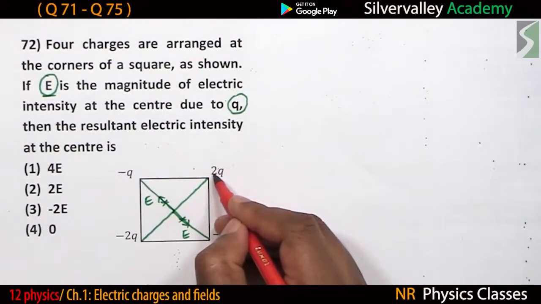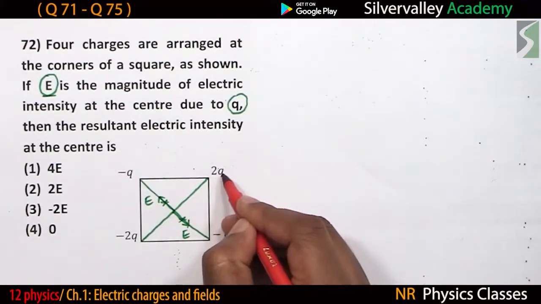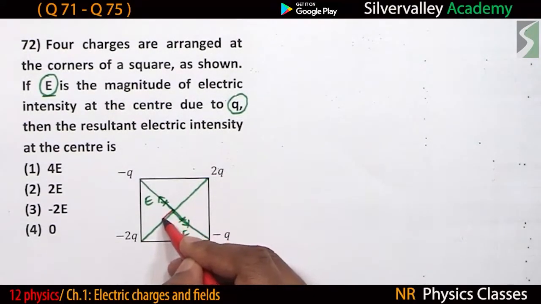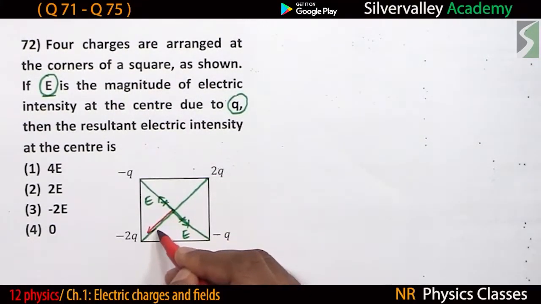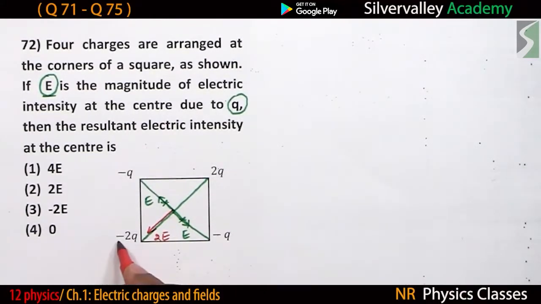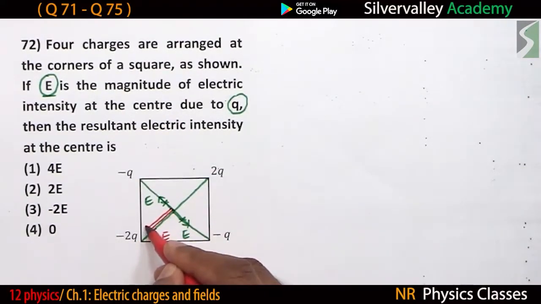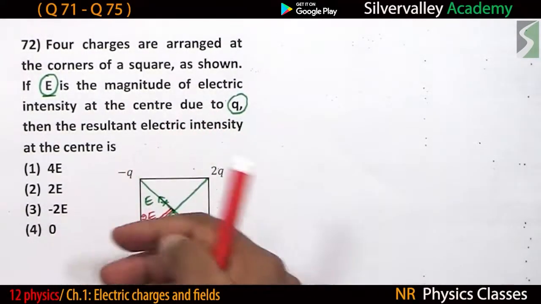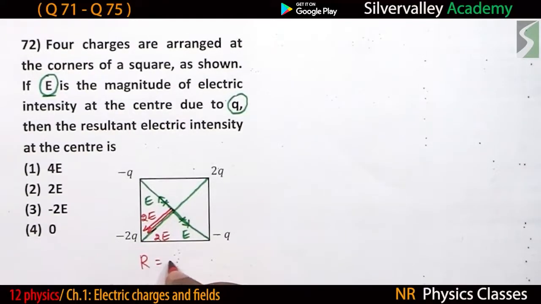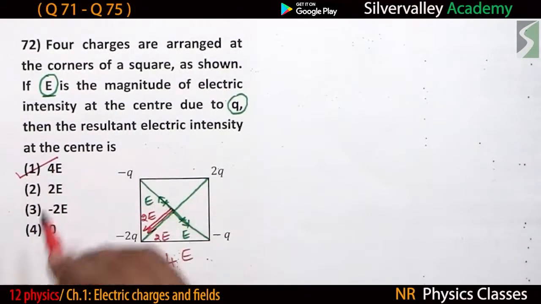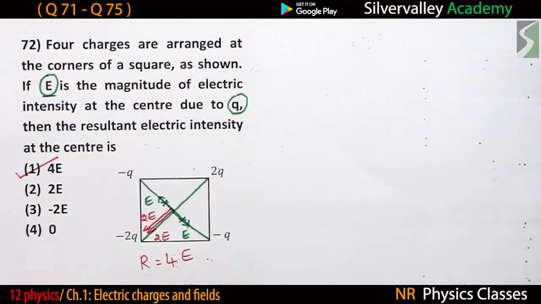Now, because of plus 2Q, electric field is away and the magnitude is 2E. Because of minus 2Q, minus charge, towards, this is also 2E. See, 2E and 2E are in the same direction. So the resultant should be equal to 4E.